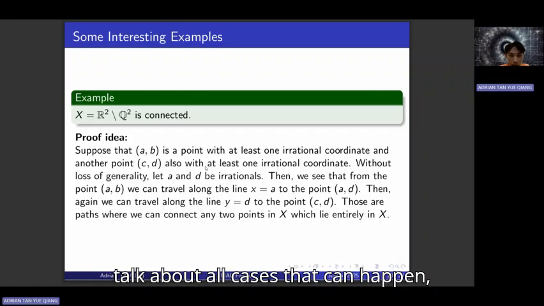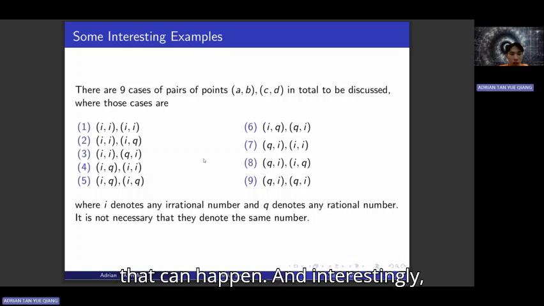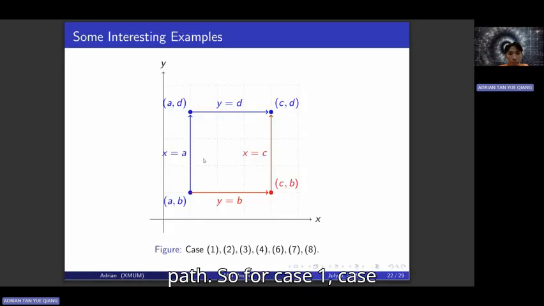But we need to talk about all the cases that can happen. These are all the 9 cases that can happen, and interestingly, you can actually define a path. For cases one, two, three, four, six, seven, eight, the path goes like a box, so either x is irrational first or y is irrational first. If y is irrational first, you follow the red path; if x is irrational first, you follow the blue path.